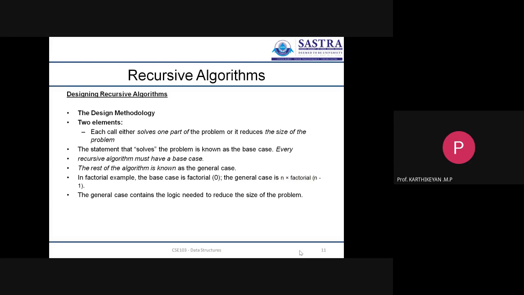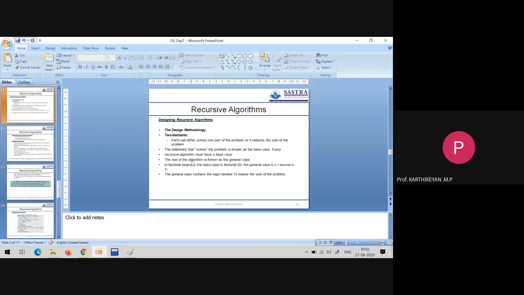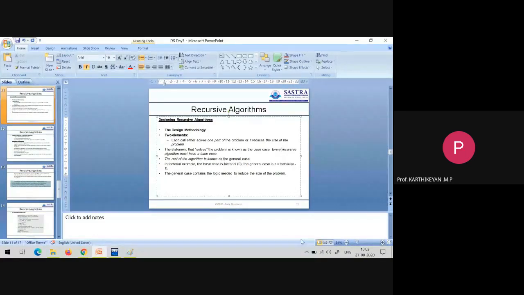The statement that solves the problem is known as a base case. The base case always gives the solution to the recursive problem, and every recursive algorithm must have a base case. The rest of the algorithm is known as a general case.